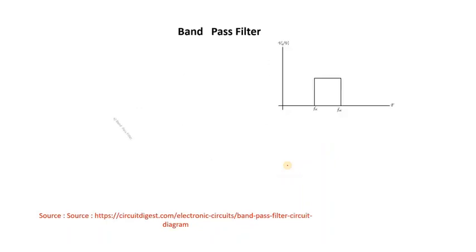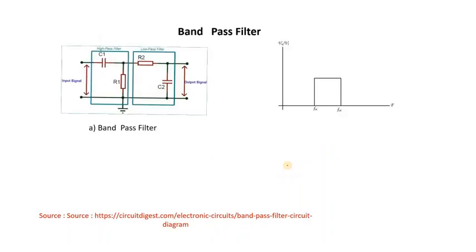So this is your band pass filter. Band pass filter is basically a combination of high pass filter and low pass filter. When high pass filter and low pass filter are combined together, we have the intersection of lower cutoff frequency and higher cutoff frequency.